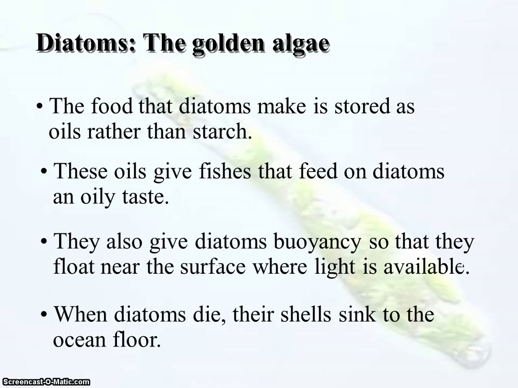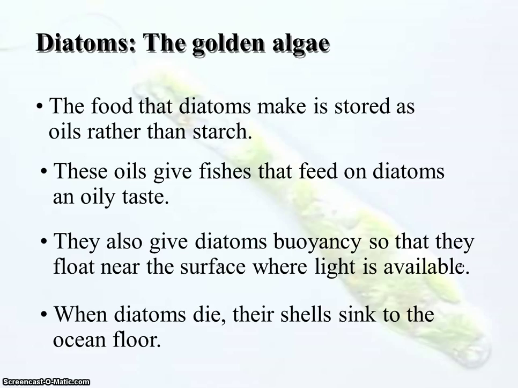The oils that they make instead of starch also give these golden algae buoyancy, which allows them to float almost like a balloon, near the very top of the surface water.